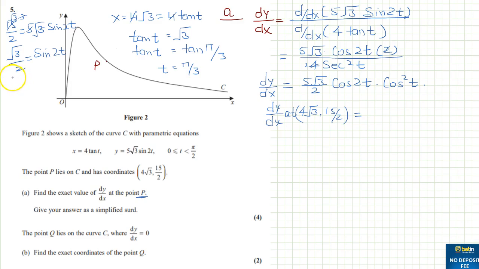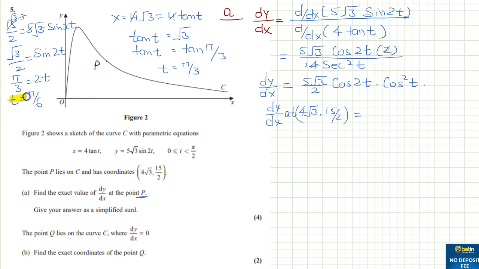So root 3 over 2 in the sine is pi over 3, equal to sine 2t. So t is equal to pi over 6.